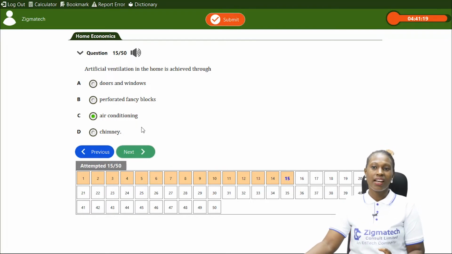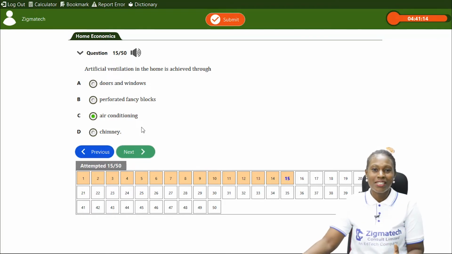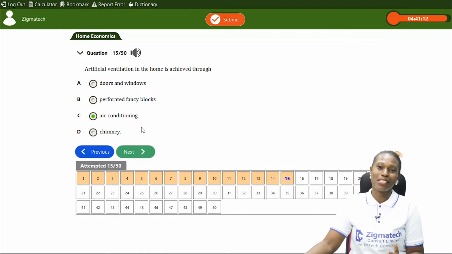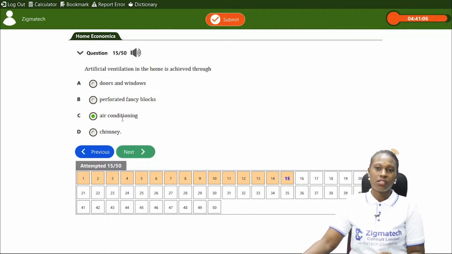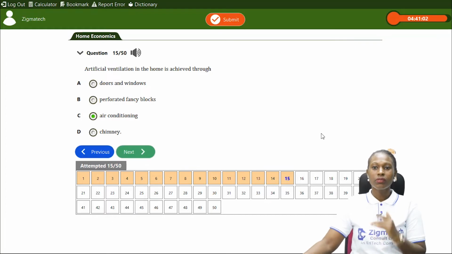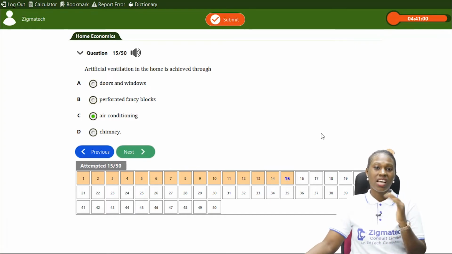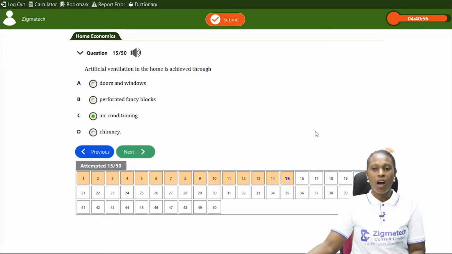Sometimes there is natural ventilation, but the air conditioner is what gives us that artificial ventilation. It keeps the home cool and takes away the moist and sweaty or stuffy heat in the house.